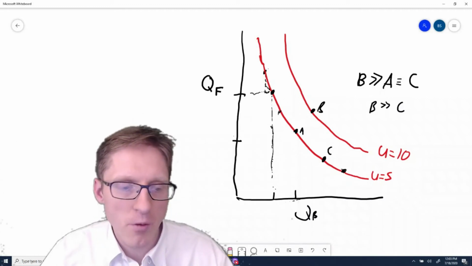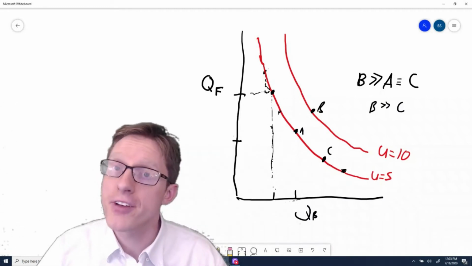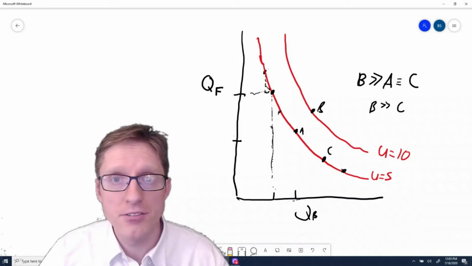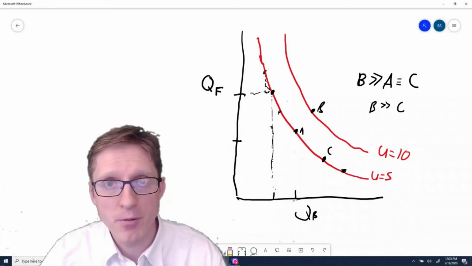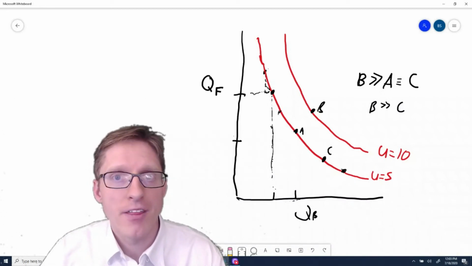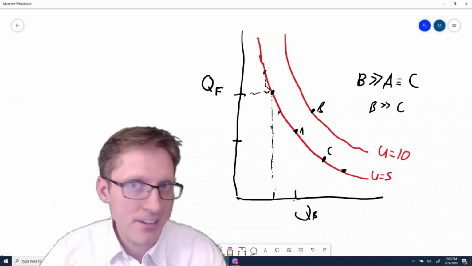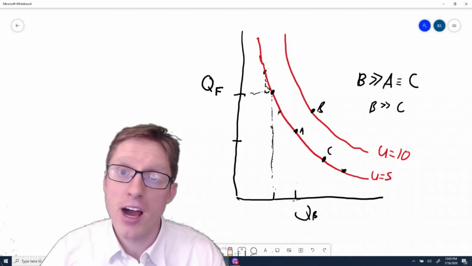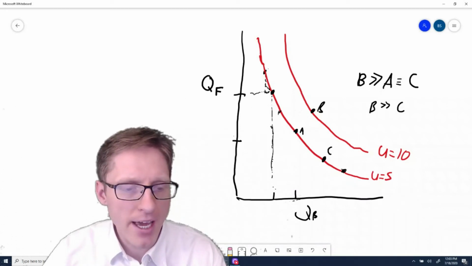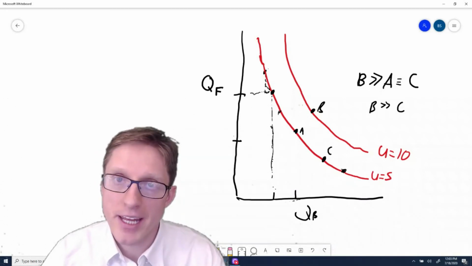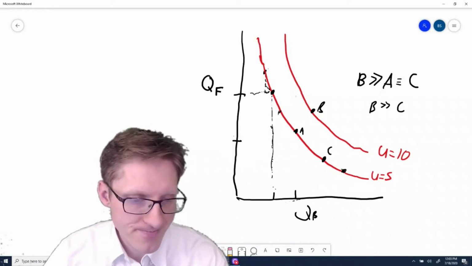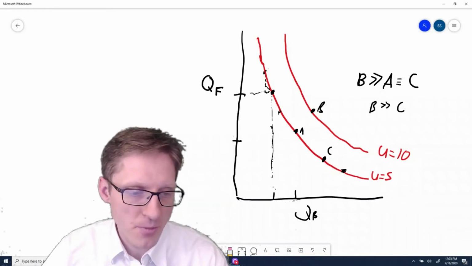And so they're going to spend their entire income, because more is better, and if they were to spend less than their entire income, then that would not be maximizing their happiness. They could get to a higher level of utility by spending the remaining income on one of the two goods that we're assuming exist in this market.